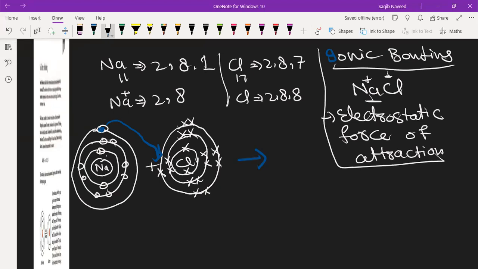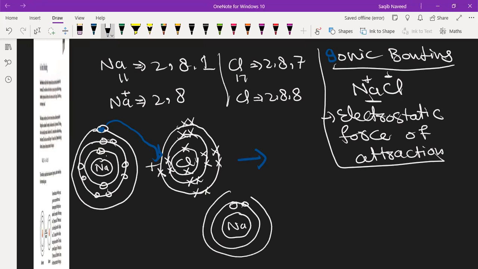Now the shape of sodium would be like Na, 2 electrons in the first shell and 8 electrons in the second shell.